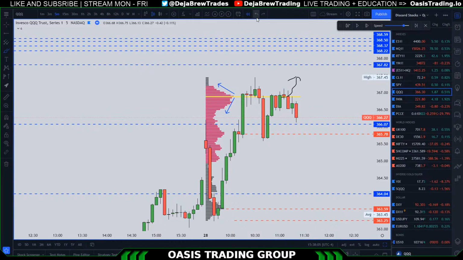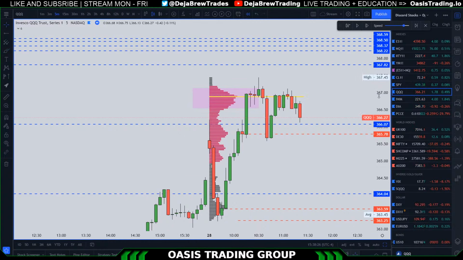Now, the clearest way that I could say this is when the majority of the node is below price, it's gaining the node as support. When the majority of the node is above price, it's gaining the node as resistance. Okay, that's the clearest way that I could put it.